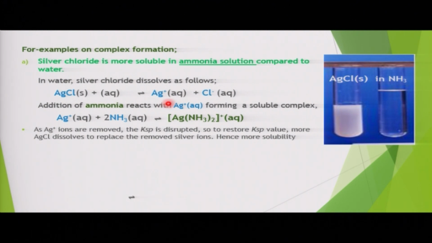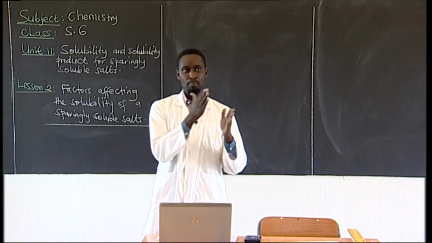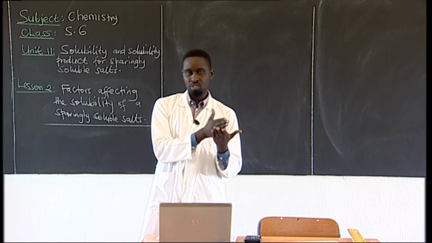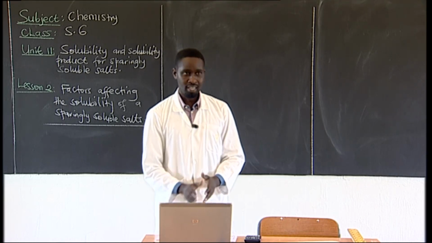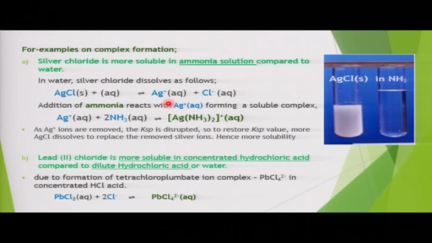And so, since it is a constant, it has to be regenerated, or it has to be stabilized. And in the process, more of the solute or the salt dissolves. Let's look at another example. Lead 2 chloride is also more soluble in concentrated hydrochloric acid than in water or dilute acid.